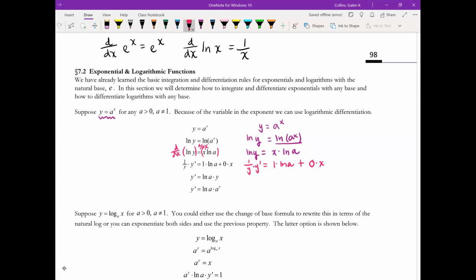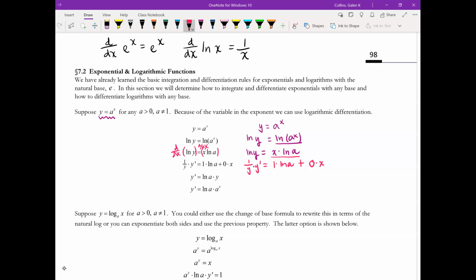Now, we didn't really have to use the product rule right there. We could have just said that the derivative of this is the natural log of a, just like the derivative of 7x is 7, or the derivative of negative 3x is negative 3. The derivative of any constant times x is the constant, which is the natural log of a in this case.